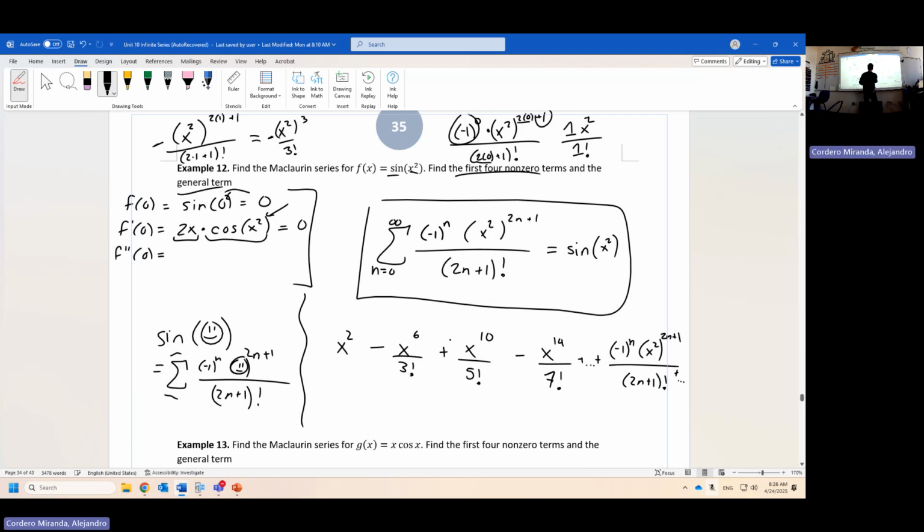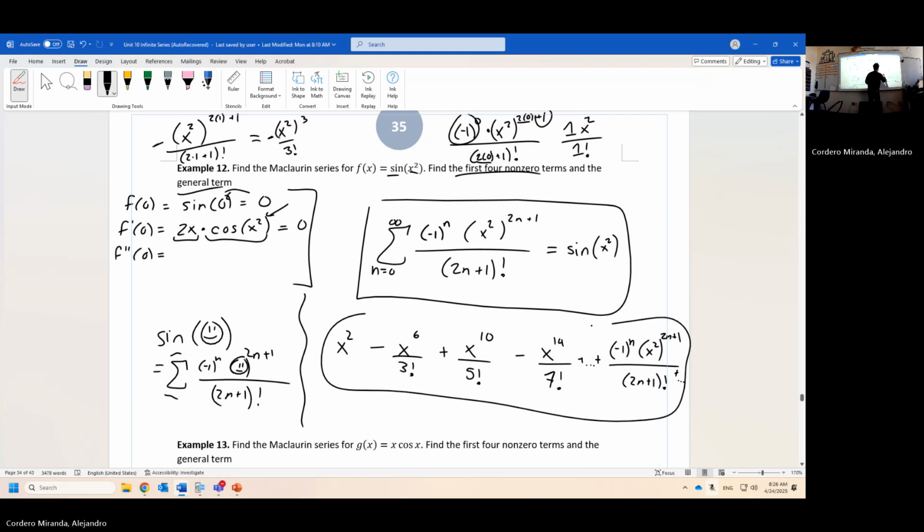Is it like rewriting x squared to the power of 2n plus 1 as 4n plus 2? Yeah. You could combine these, and it might even look nicer and cleaner. It makes it a lot easier to write. That's the truth.